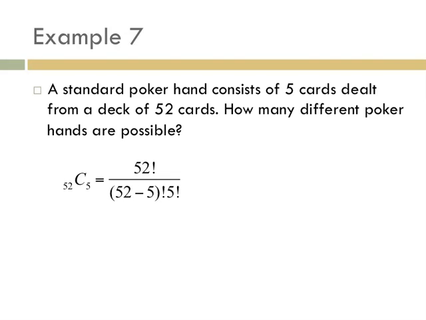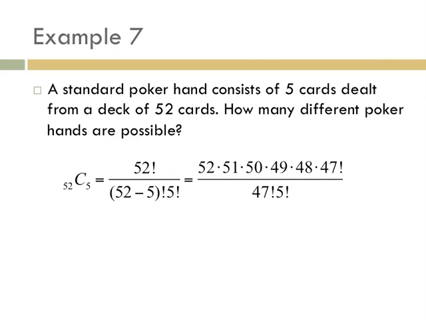Now again, try to simplify it as much as you can. So in the denominator there we have 52 minus 5, which is 47 factorial. So on the top, we would probably want to only go to 47 factorial. That way now we can cancel out 47 factorial from the numerator and the denominator. And then now we can simplify what we have left.